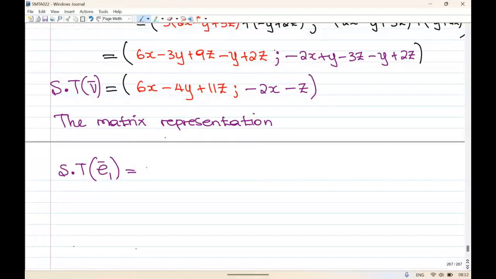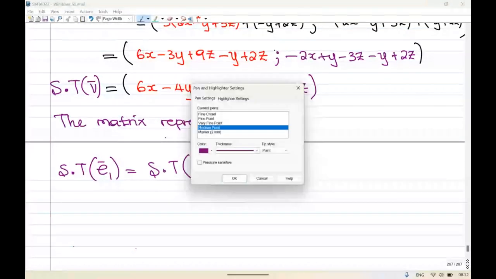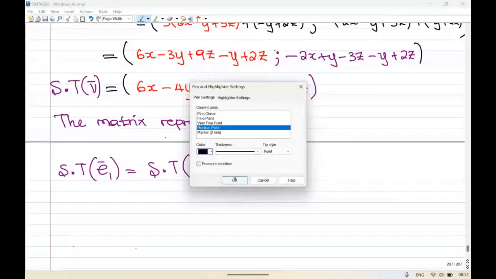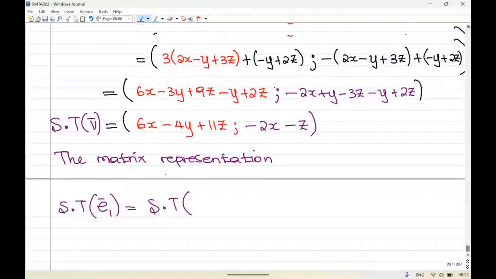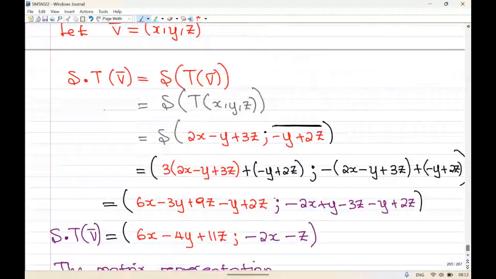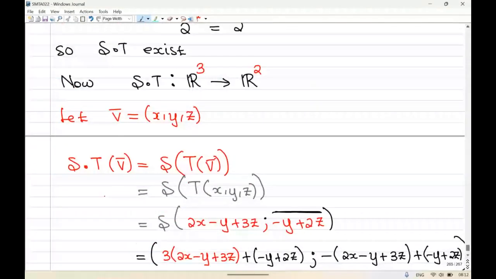You'll have S of T of E1. You all know that this E1 is going to be in 3 dimensions, since the new map that we discovered is this one, colleagues.